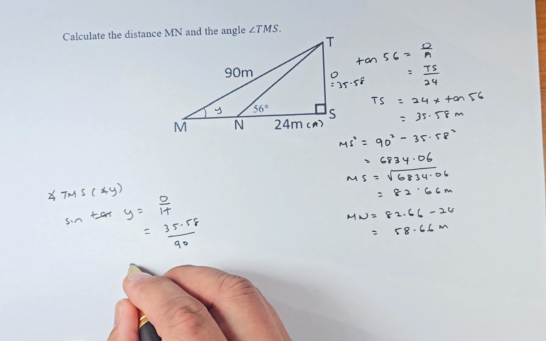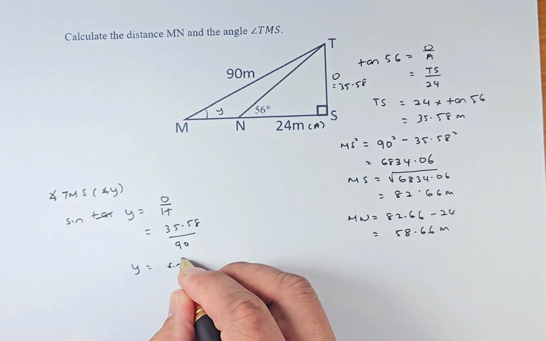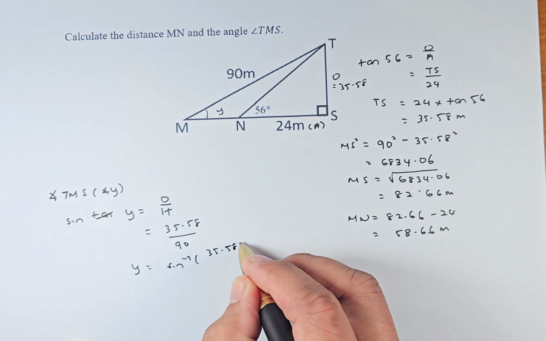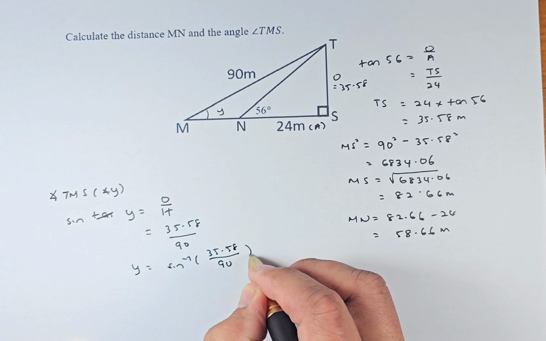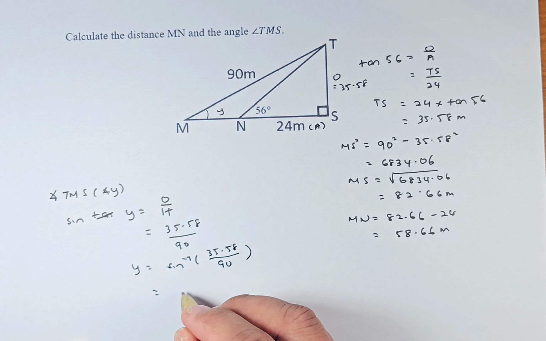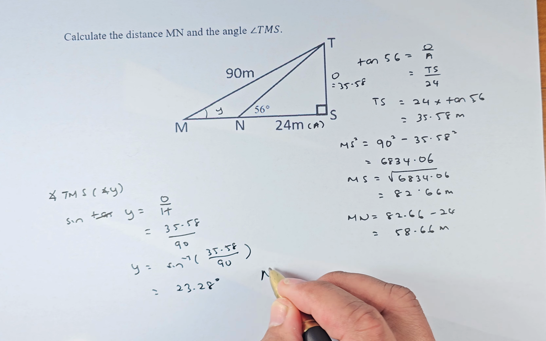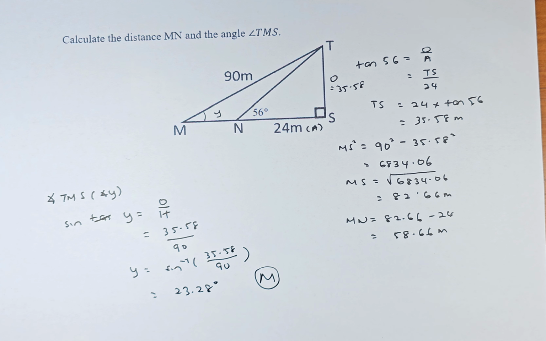Then to get Y, you just put sine inverse of 35.58 divided by 90 in your calculator, and the answer is 23.28 degrees, and both parts of that question will give you a merit.